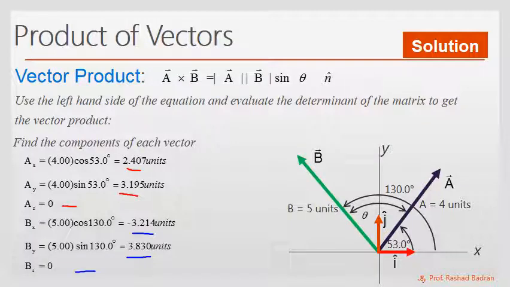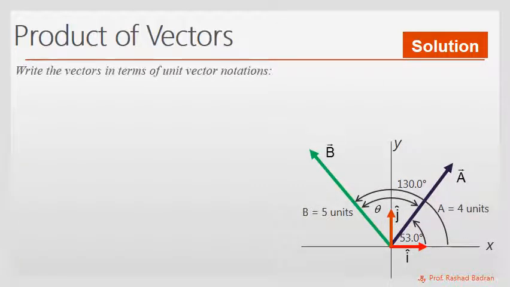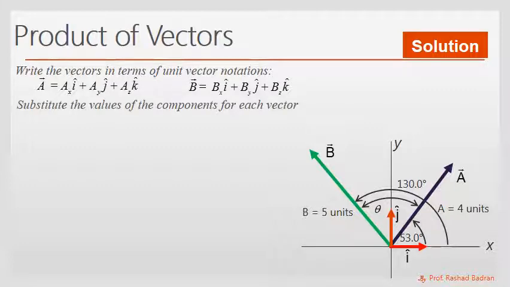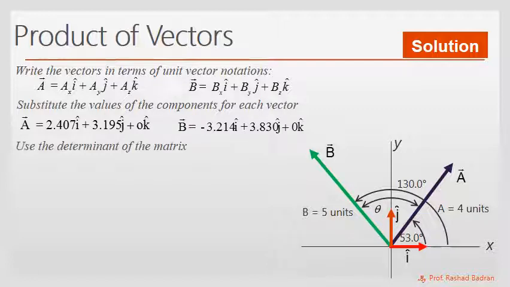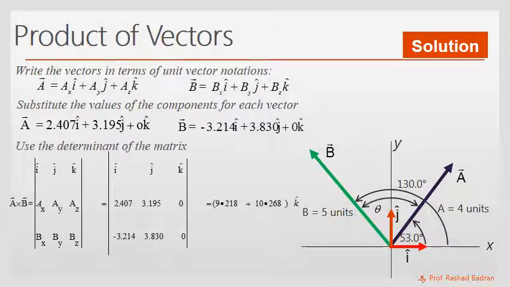This is the first step towards obtaining the result. The second step is writing the vectors in terms of their unit vectors, substituting the values of the obtained components for each vector, and writing down the determinant of the matrix. Doing that, we have 2.47 for ax, 3.19 for ay, and 0 for az.